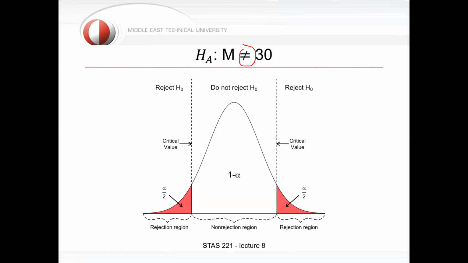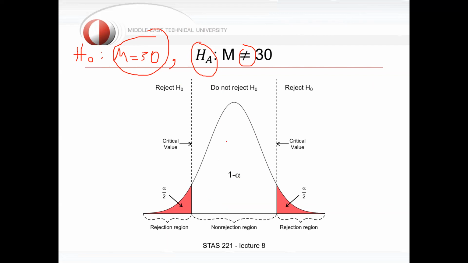And that's exactly the reason I consider the not equal case for HA, not for example, this case. Let me show you. M actually here stands for median. Usually we are trying to solve questions for mu, the mean of the population, but anyway. So you see here, I consider the equality case for H0, not the equal case for HA. At the beginning of the lecture, I promised you to explain why. And that's the reason, because my rejection area is the case for not equal to these cases.